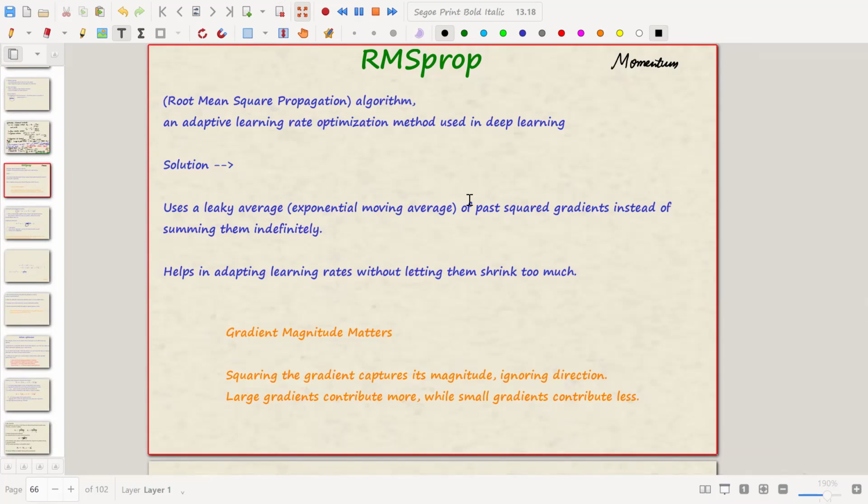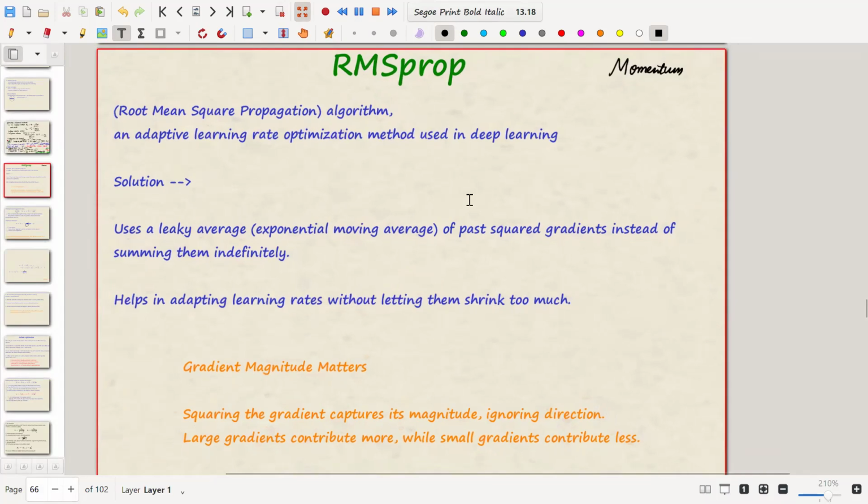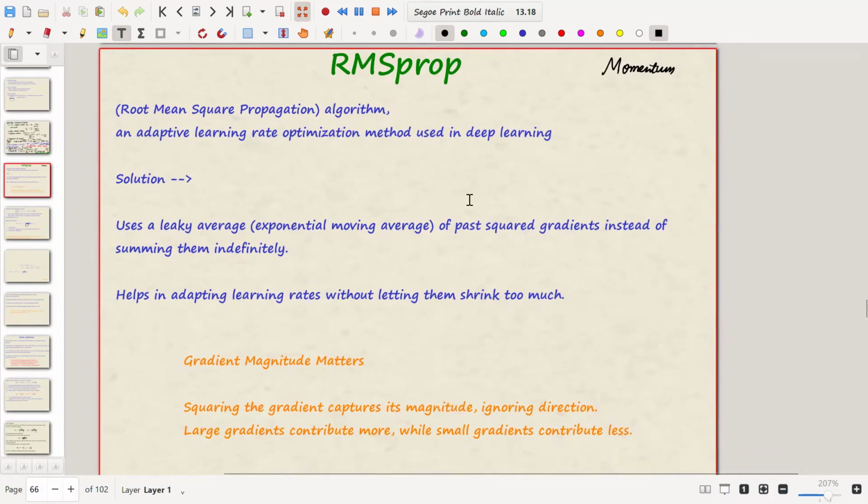I think you remember that we discussed momentum based gradient descent method in the last class, right? So what is momentum based gradient descent method? It is an improved version of gradient descent method because gradient descent methods fail when your functions are flat.